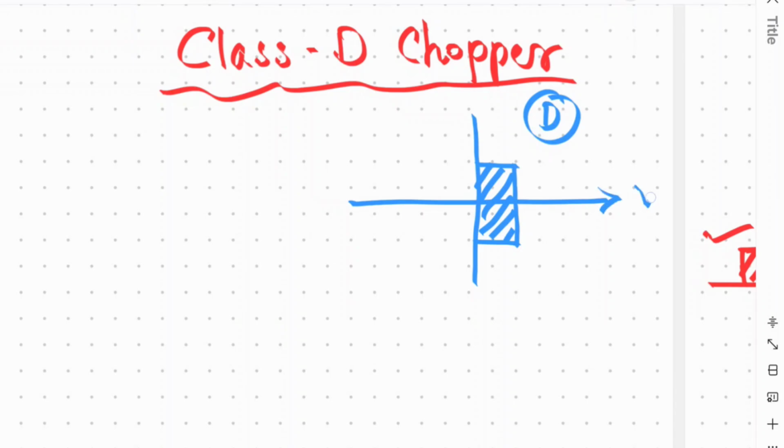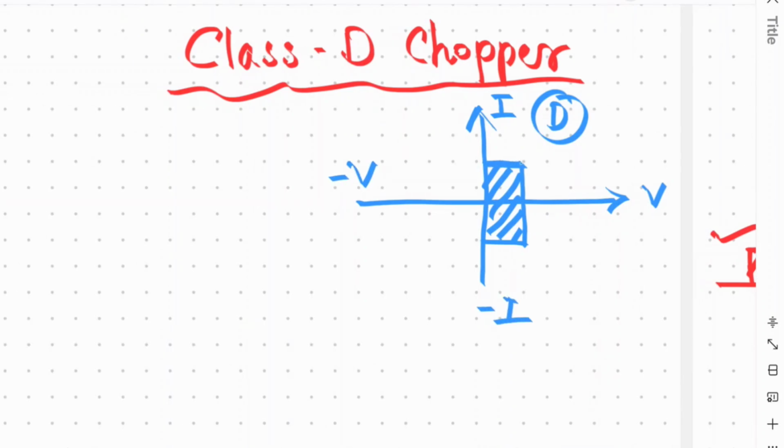As this is voltage and this is current, this is minus I, minus V. In this graph, if we consider any point, in every point voltage is positive, but in this quadrant current is positive, while here voltage is positive but current is negative.